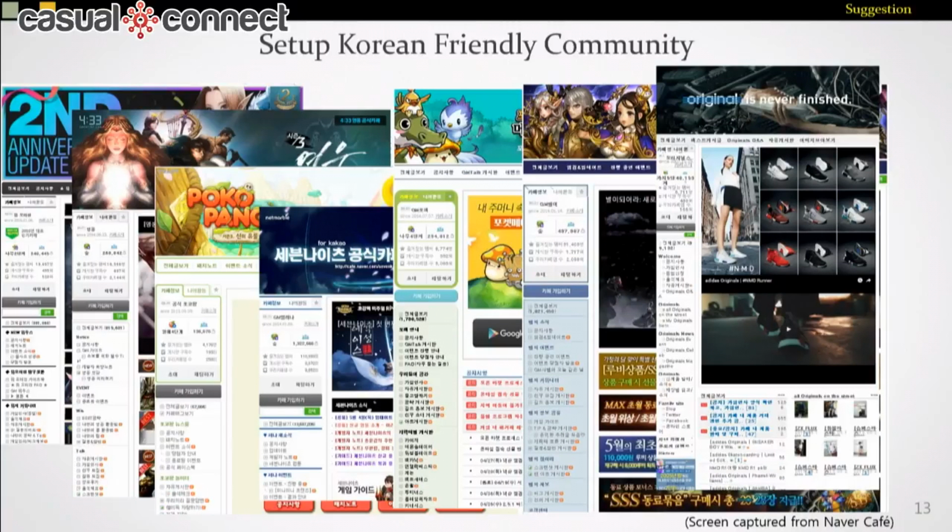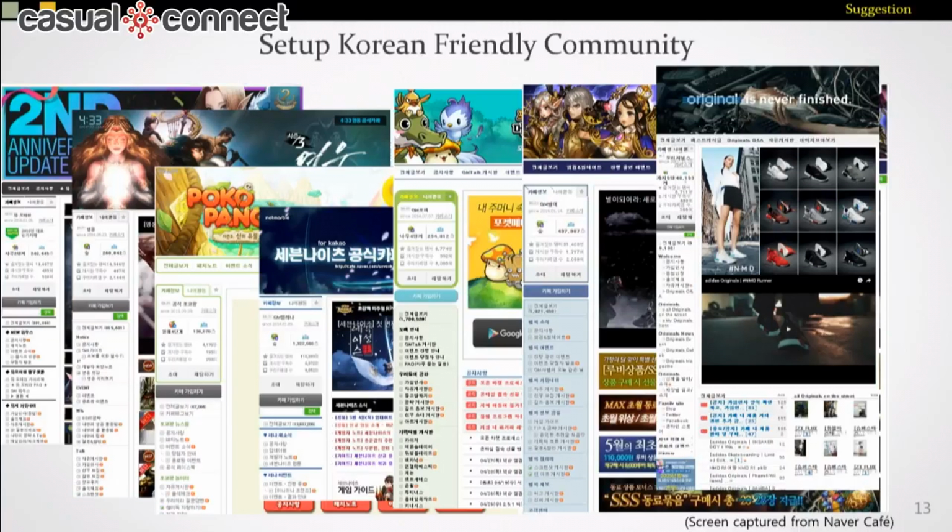This is not a gaming company, but even non-gaming companies use the same format. Take a look. They look alike. They have the same format. This community style is called a cafe, provided by Naver. Naver is the Google of Korea. Because everyone uses a Naver account, it's easy to access the cafe. That's why we set up the community here, even though they don't look beautiful.